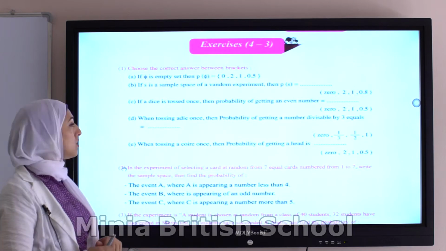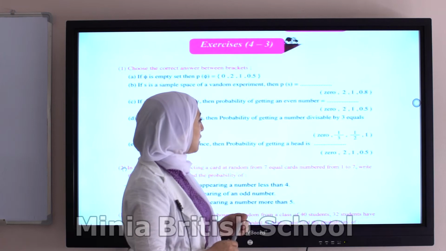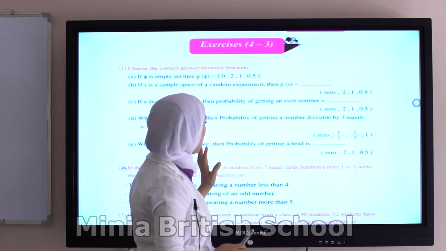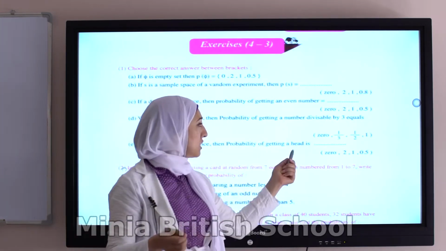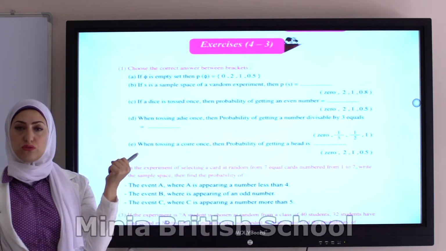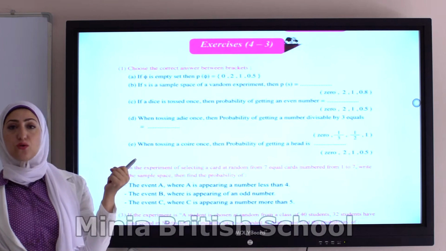The next one, when tossing a die once, then the probability of getting a number divisible by 3 equals, okay, also the dice, I want a number divisible by 3. 1, no. 2, no. 3, yes. 4, no. 5, no. 6, yes.